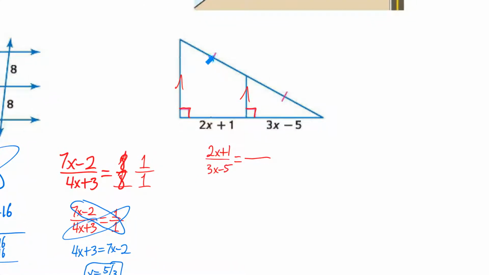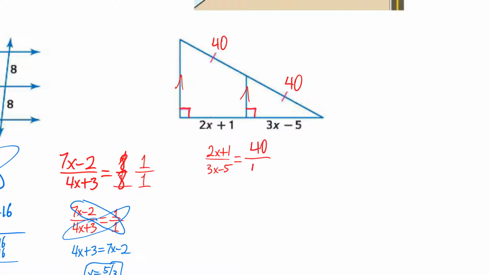Okay, now here's the problem. I don't know how long this piece is from here to here and this one from here to here, but I do know that however long they are, they are congruent to each other, right? So it doesn't matter. I could say that this is 40. And if that's 40, that would be 40, right?